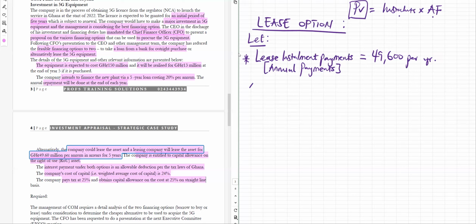So what are our cash flows? The first one is the tax savings on our capital allowance. First of all, we need to get the capital allowance.